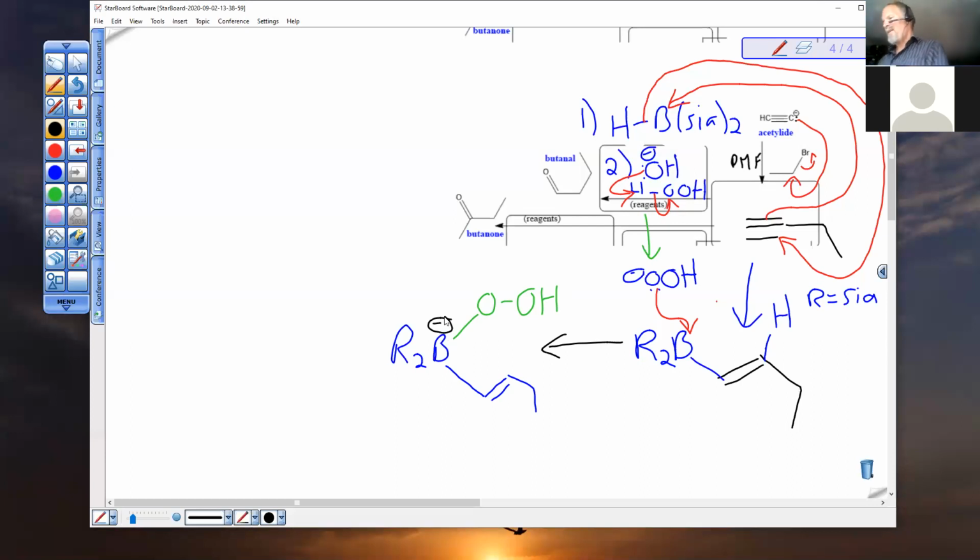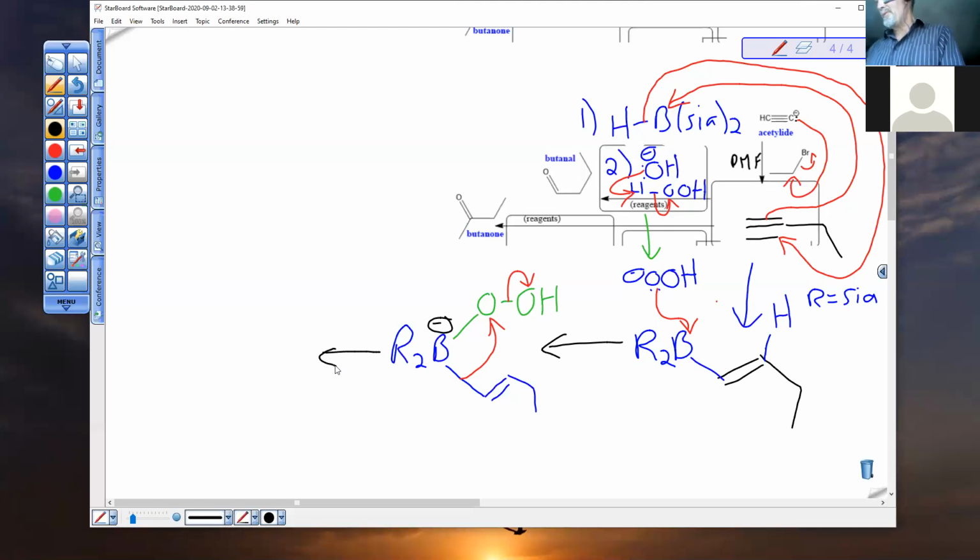Now here's where our alkene goes from having a less electronegative boron to having a more electronegative oxygen. And the reason for this happening is to get rid of an OO bond, which suffers from lone pair repulsions, and get rid of our formal charge on boron.